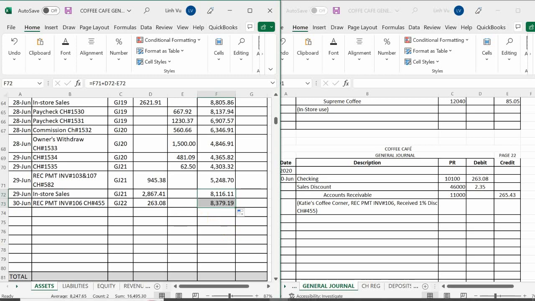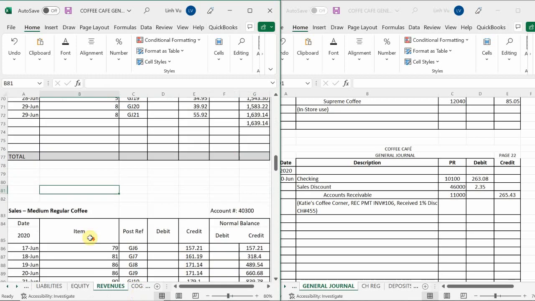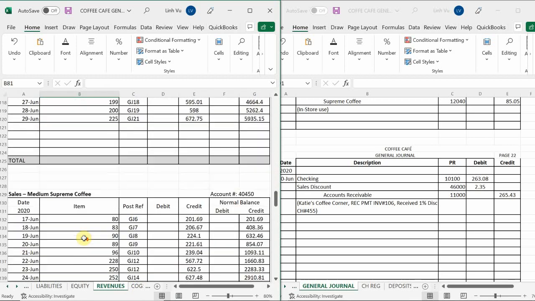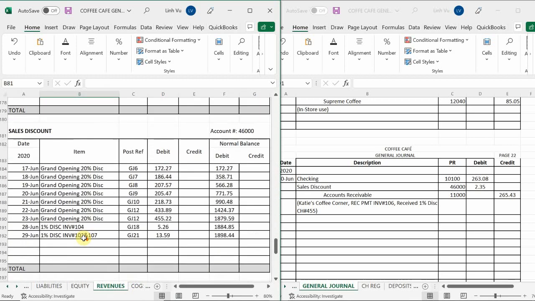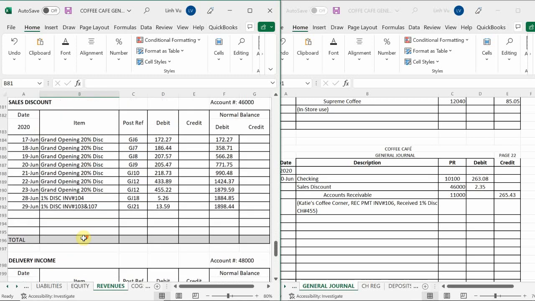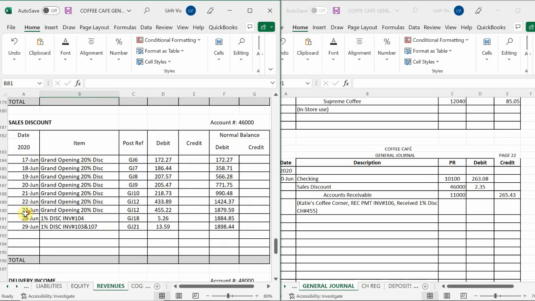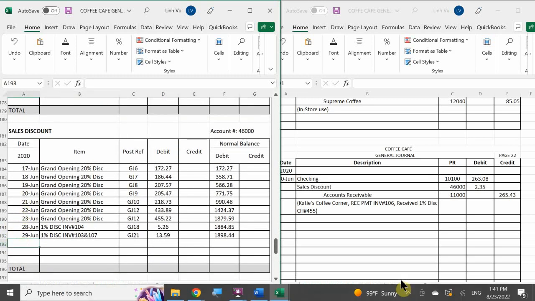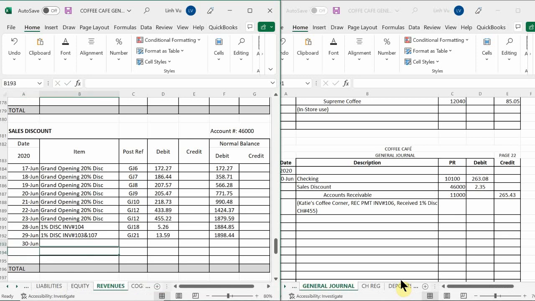And then we need to go to the revenue for the sales discount. Sales discount. 1% invoice number 106.